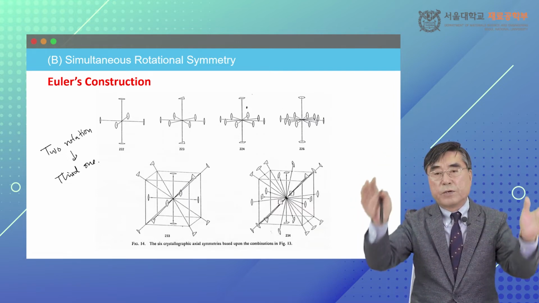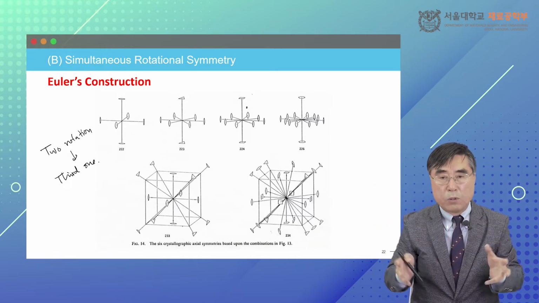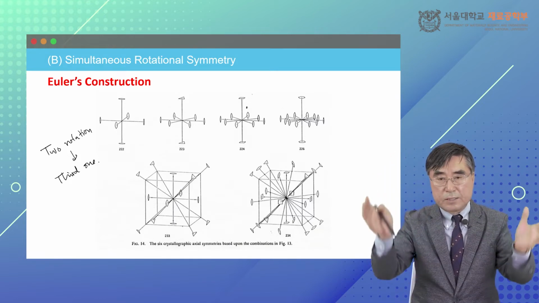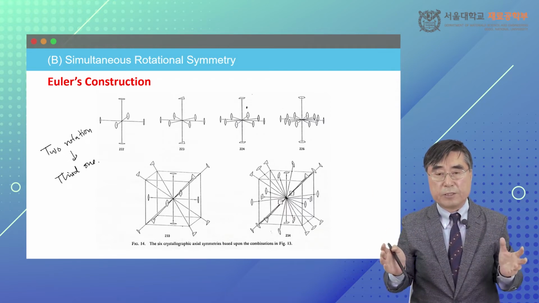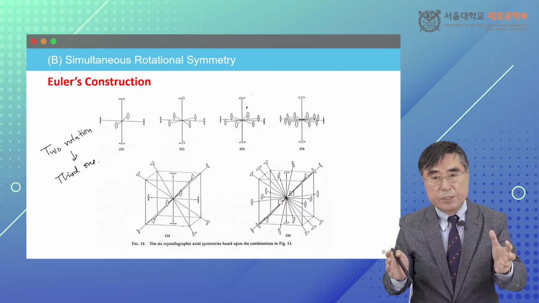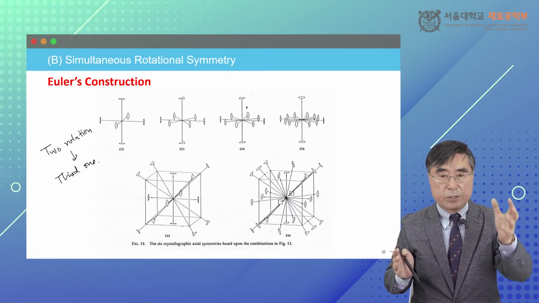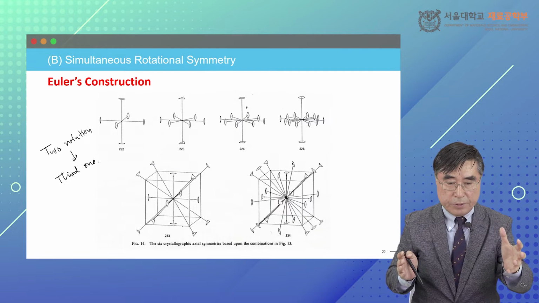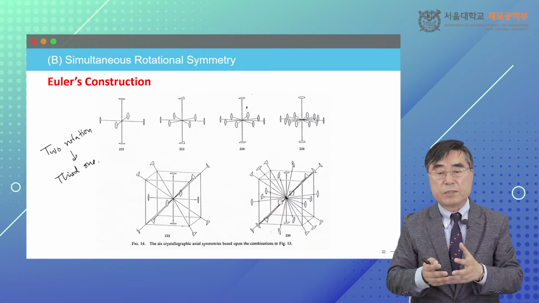So all the poles on the surface of the sphere are defined by all the poles there, and if it's not well matched, there are severe limitations. In this case, if you calculate these Euler theorems, Euler constructions, only certain symmetry elements are possible.